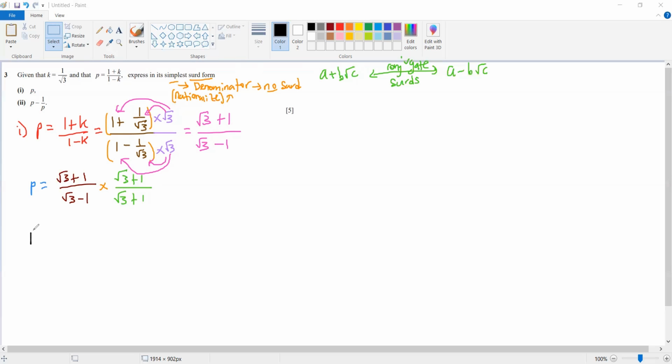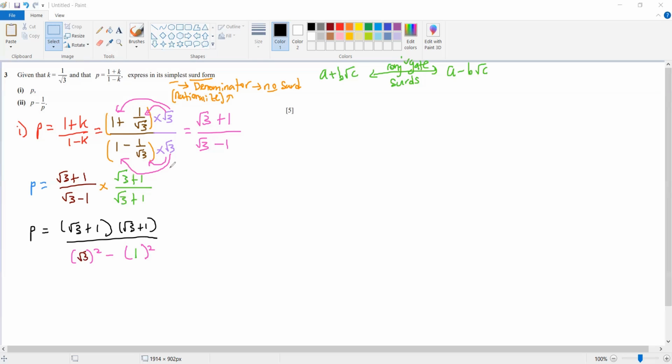Now it's just a matter of expanding this out. Root 3 plus 1 and root 3 plus 1, so it's going to be a square of the whole thing. But on the denominator, we use the identity a squared minus b squared, meaning something squared minus something squared. The first one is root 3, the second one is just 1.